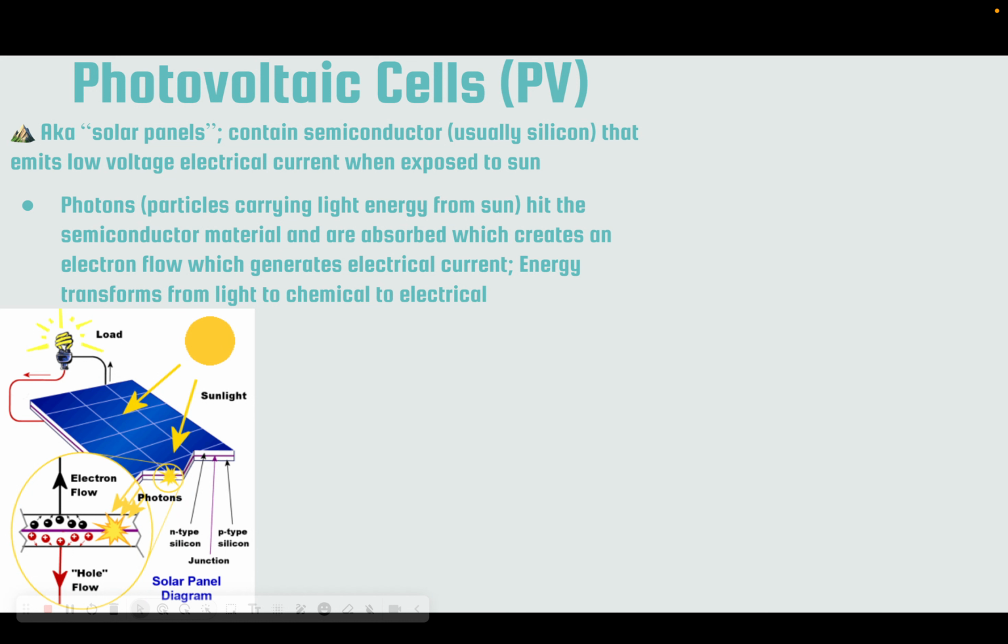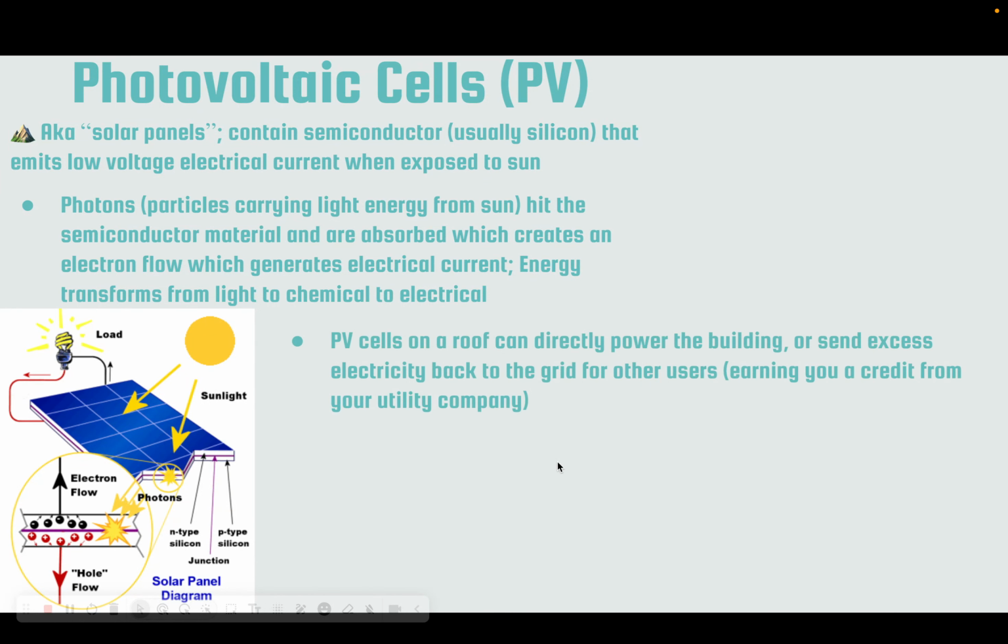So that's a neat way that that works. And like we said before, there are transformations of energy that occur. We have light energy from the sun that's transformed into chemical energy because of the electrons flowing within that semiconductor material, that then turns into electrical energy.